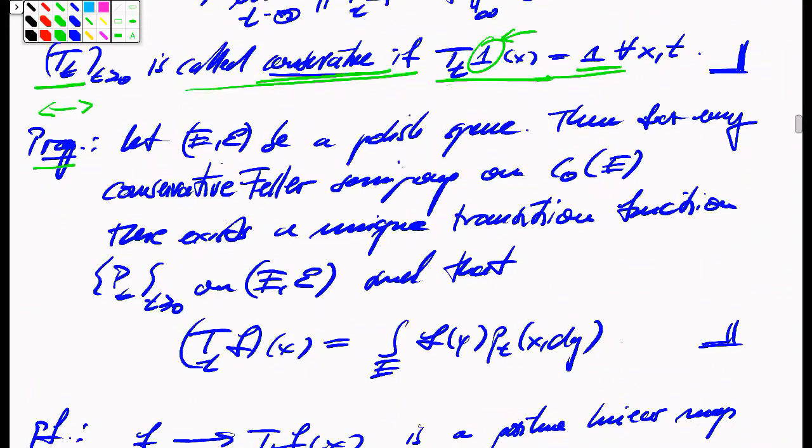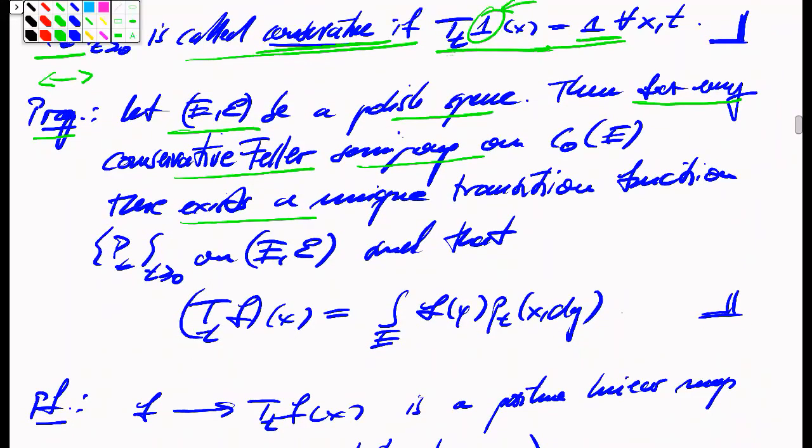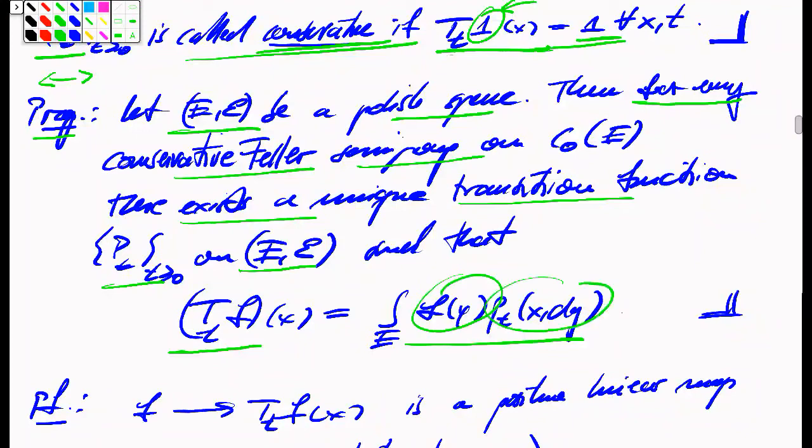It says the following: if we are on a Polish space, and if we have a conservative Feller semigroup in the sense of the definition above, then there exists a unique transition function pt on E, such that this abstract operator, which we had considered in the definition of a Feller semigroup, is in fact represented through exactly the operation of transforming a function by such a transition kernel.